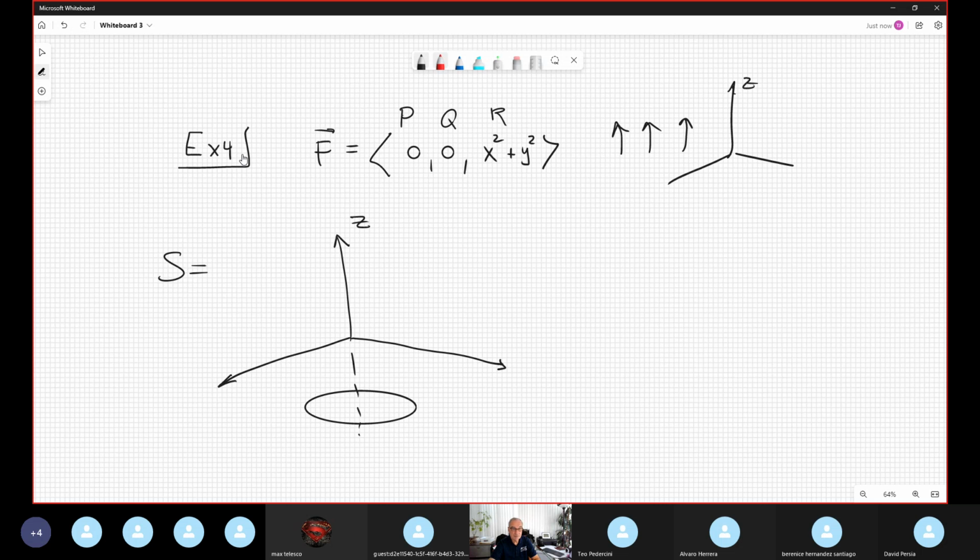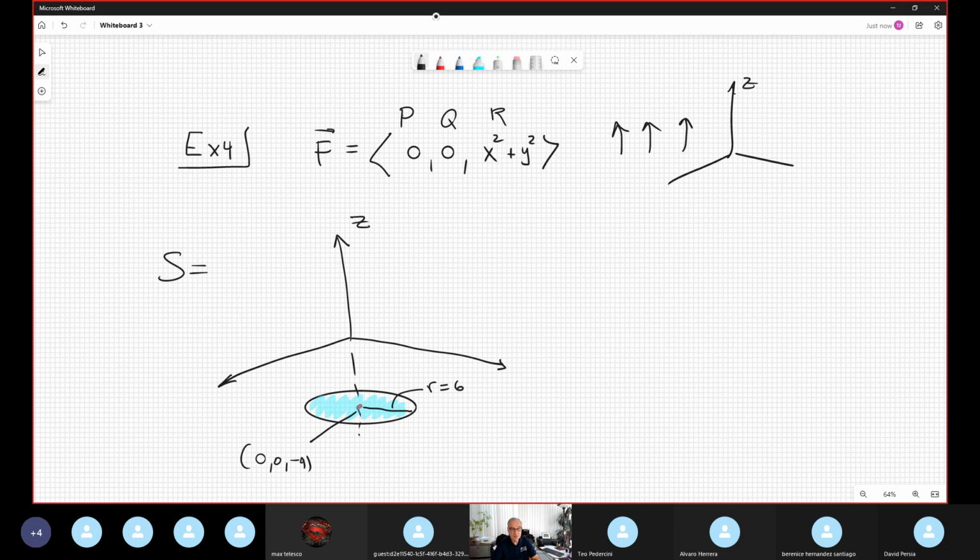This is the center here. This is the disk. What are the parameters of the disk? The center is located at the point 0, 0, -4. And the radius is 6. This is my disk, this is my surface.